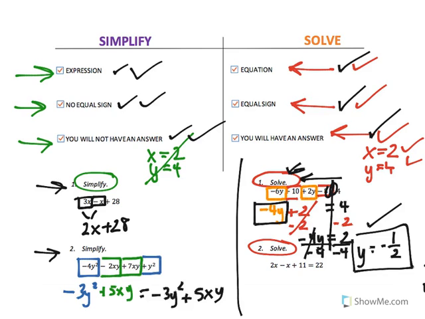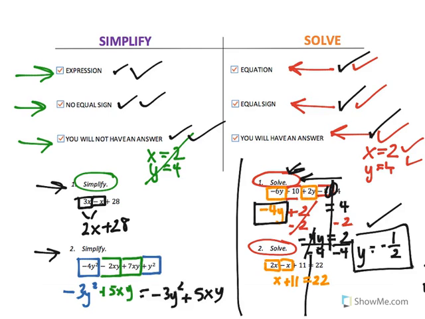Like terms are variables with the same letter and the same exponent. I have a 2x here, I have a negative x here, and then I have a constant. Let me draw the line to solve my equation. I combine 2x minus x gives me just a positive x plus 11 equals 22.